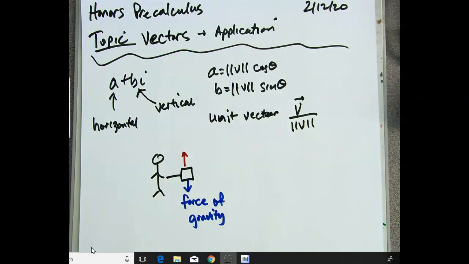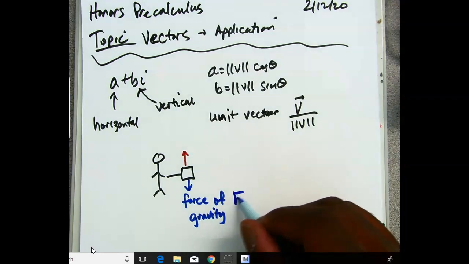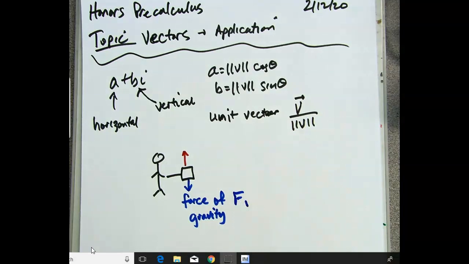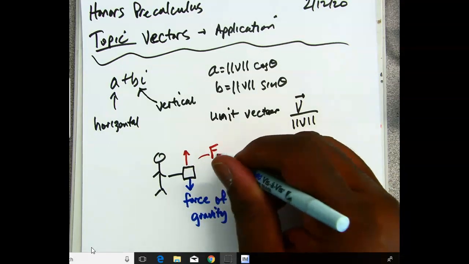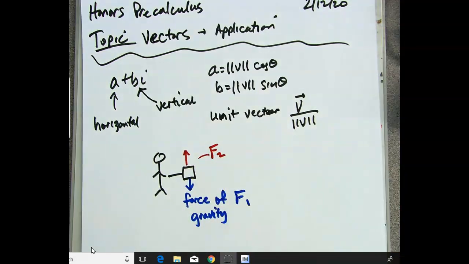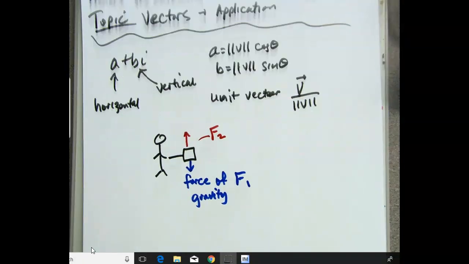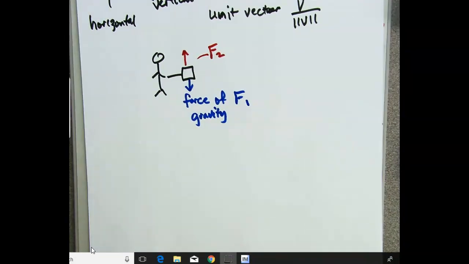So here, if we call this one force 1, and let's say the force due to gravity on this package, let's say the package is 10 pounds. So you have a force 1, and you have a force 2. If this package is not moving at all, then that means that force 1 and force 2 are equal.